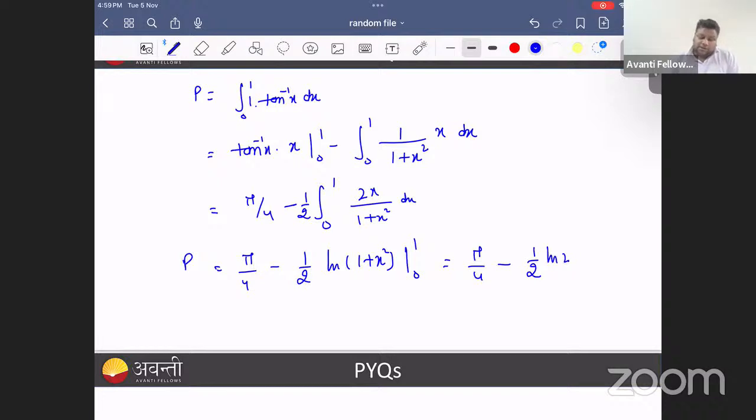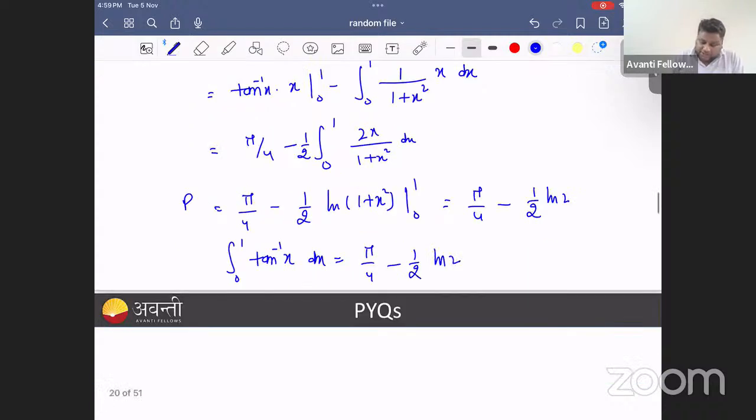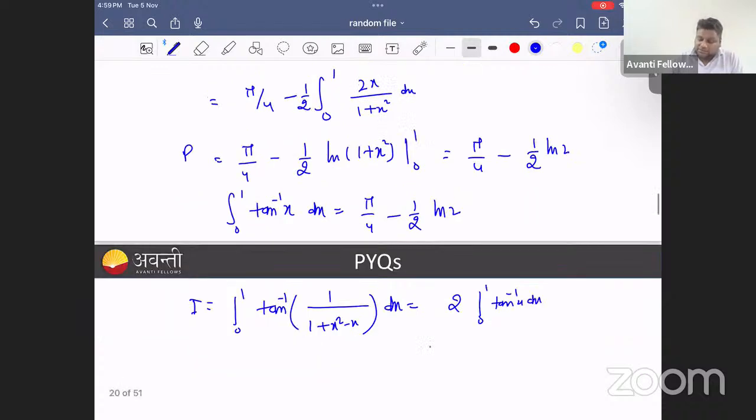This is your P. So your integration 0 to 1 tan inverse x dx is pi by 4 minus 1 by 2 ln 2. And the question that they asked, 0 to 1 tan inverse of 1 upon 1 plus x square minus x dx, this was 2 times integration 0 to 1 tan inverse x dx. So that is pi by 2 minus ln 2.